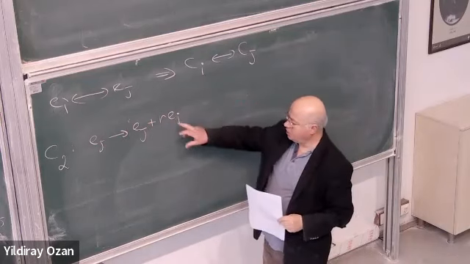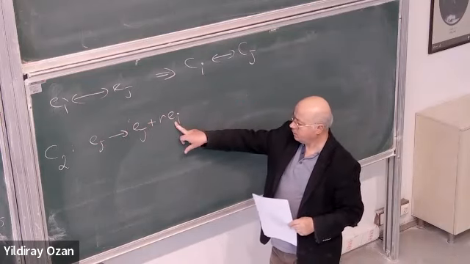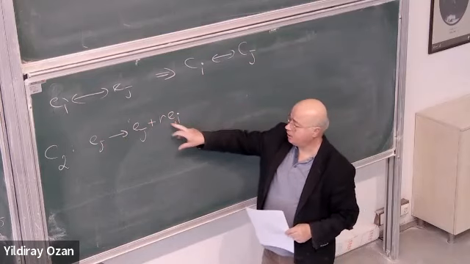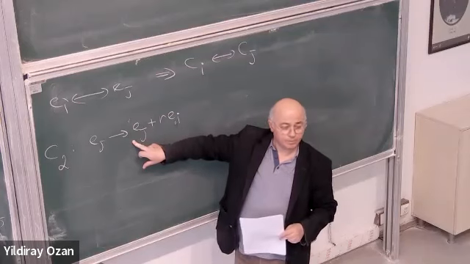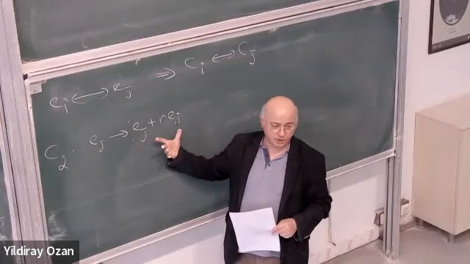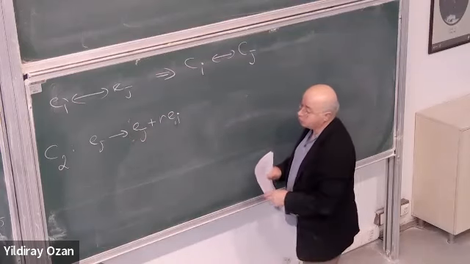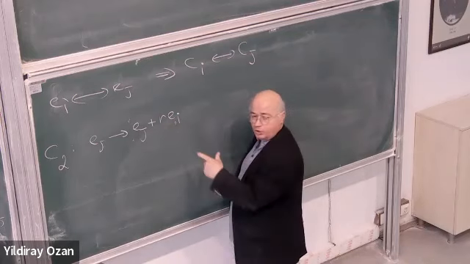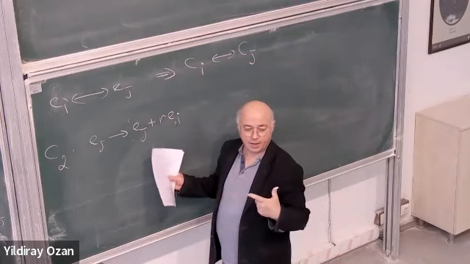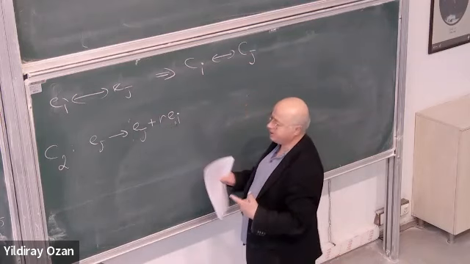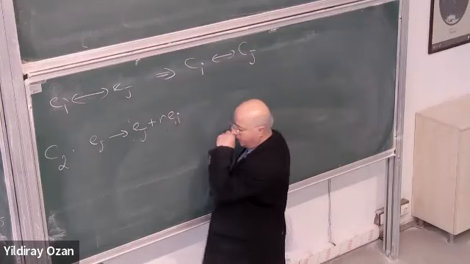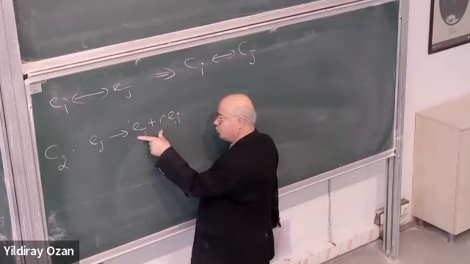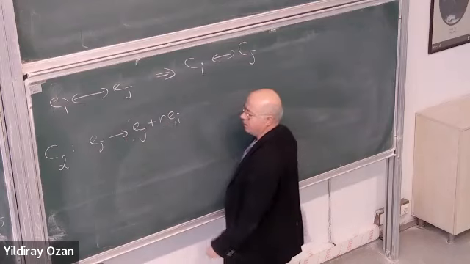Yani i'inci basis elemanının bir katını j'inciye ekliyorum. O artık benim yeni j'inci basis elemanım olacak. Bunun da inverse'ü var değil mi? Bu işlemde aslında bazı yani değiştirse de modülü değiştirmiyor. Neden? Çünkü bunun tersi var. Buradan buraya nasıl gidersiniz?